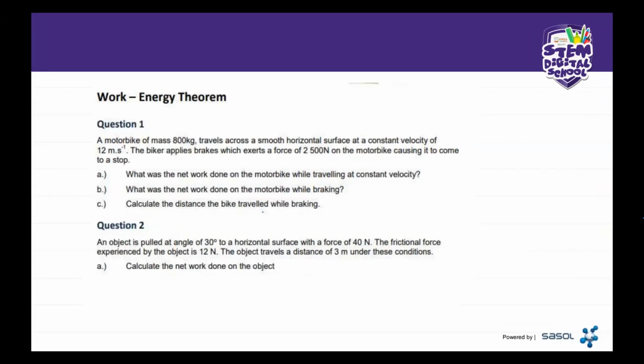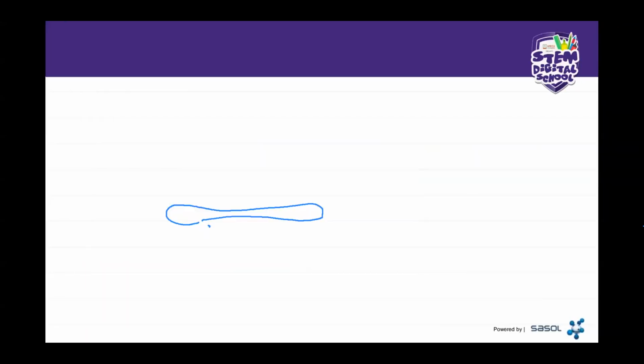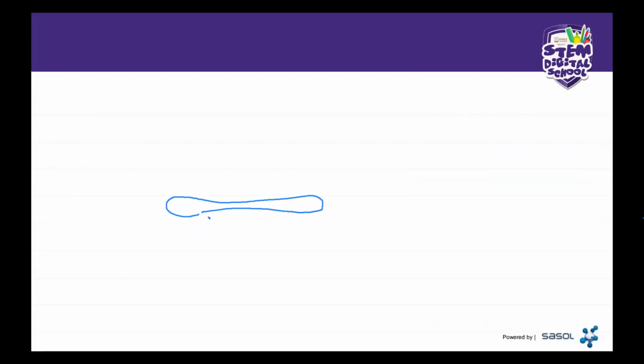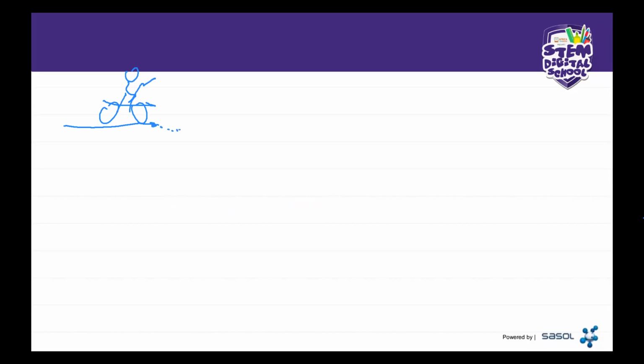So in this case, what we have is our motorbike with a person, moving at constant velocity. And then from here, it starts braking, right? At a certain point. So we're looking for this X point, the change in X.